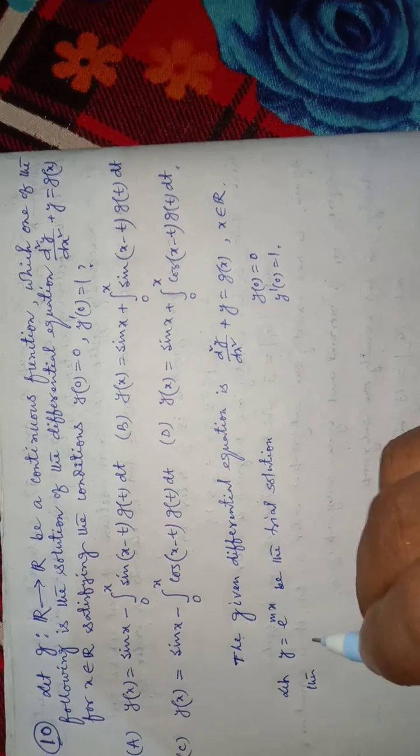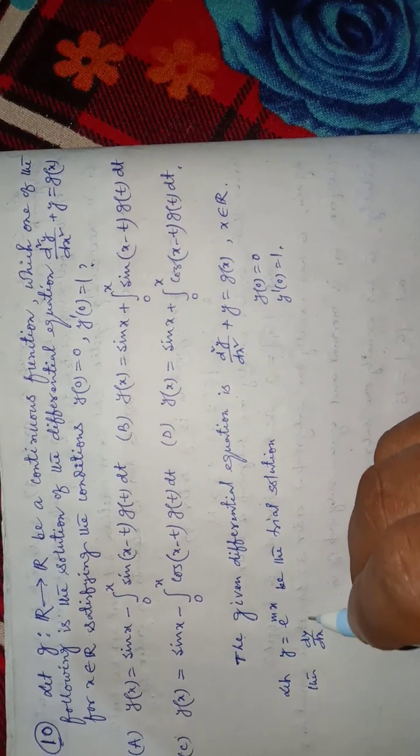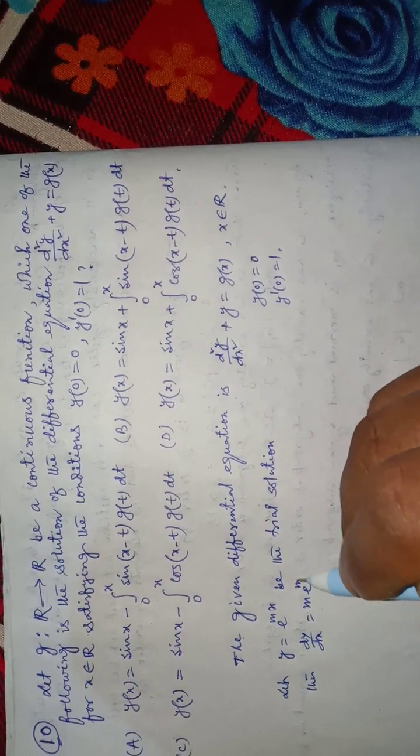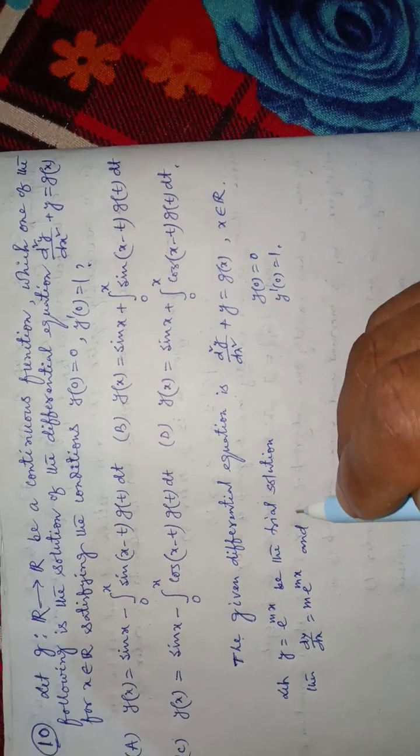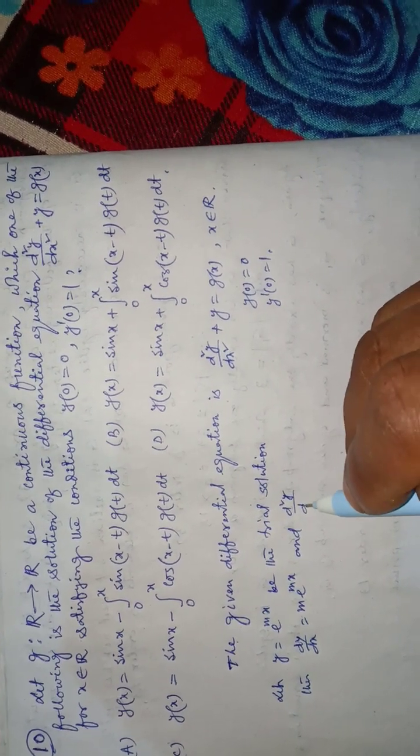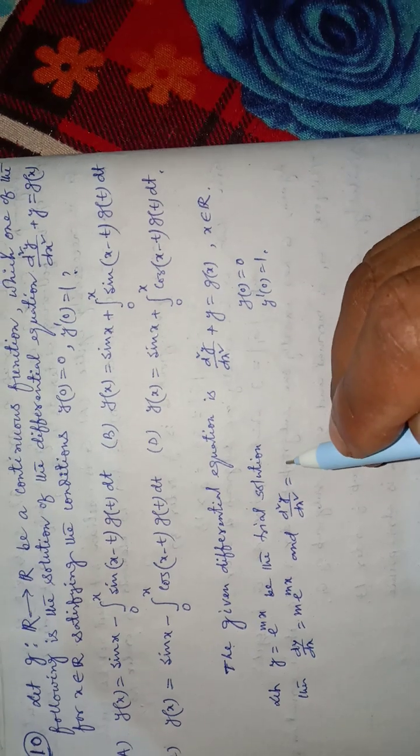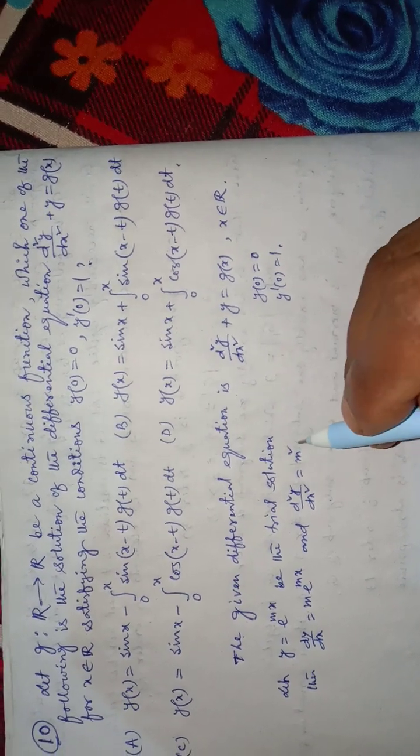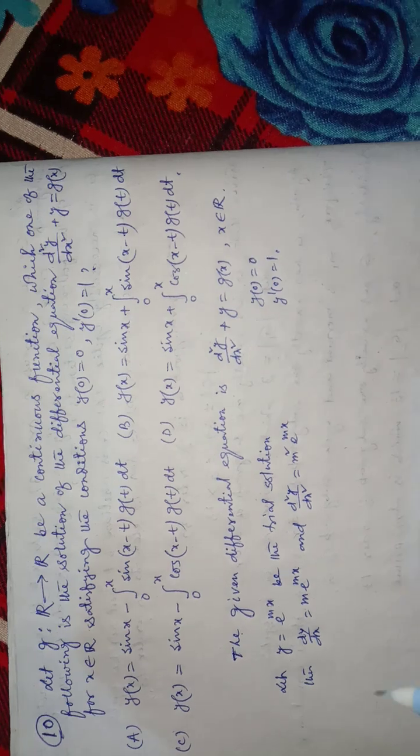Then dy by dx is equal to m e to the power mx and d2y by dx2 is equal to m square e to the power mx.